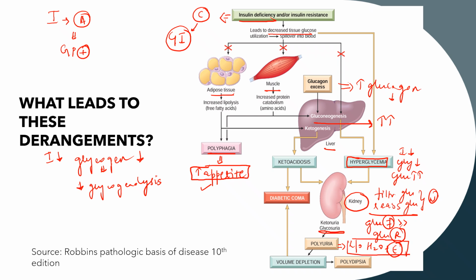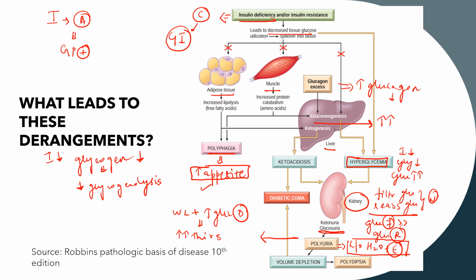So what happens? As a result, you have water loss, plus you also have an increased amount of glucose which gets depleted. So that would lead to an increased amount of thirst. Why?